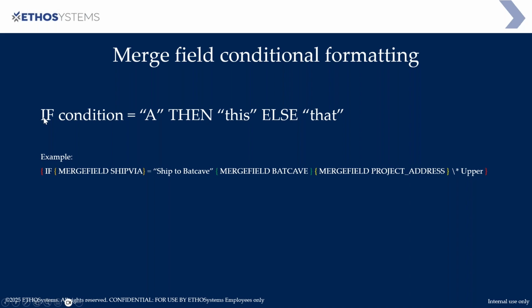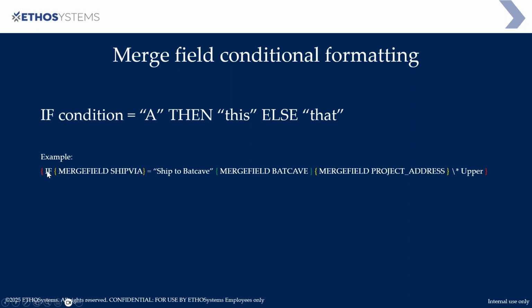This is kind of like an if, then, else. So in my example, it's if the condition equals A, then use this. Otherwise, use that. Okay. So here's an example of that conditional formatting in a merge field.